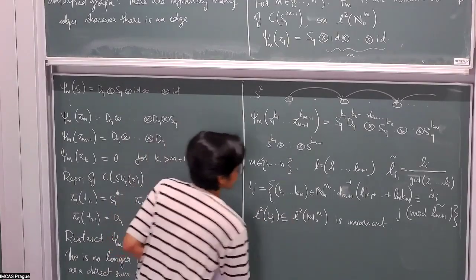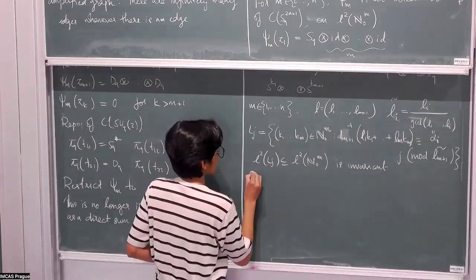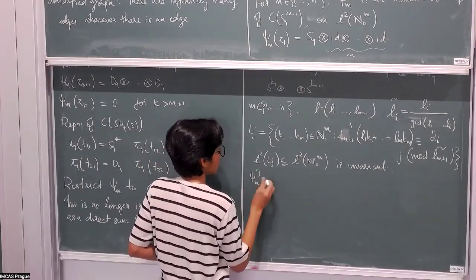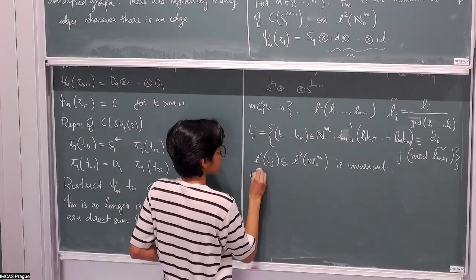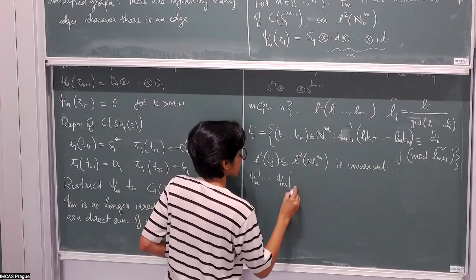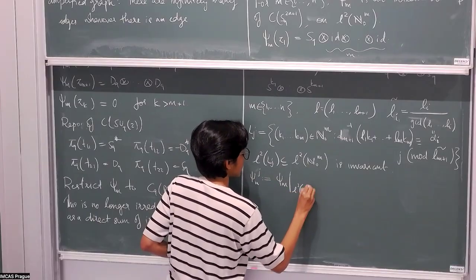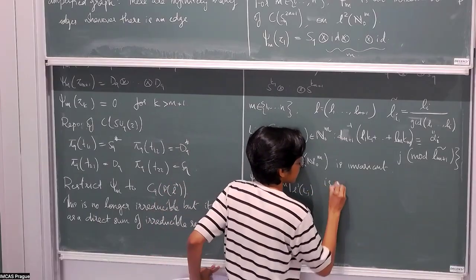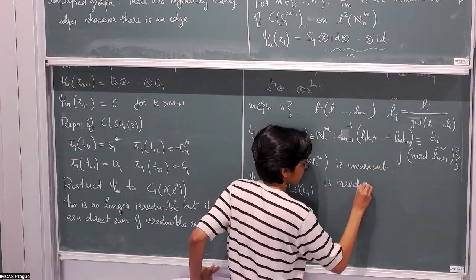And psi mj, which I define to be this restricted to L2 of Lj, is irreducible.